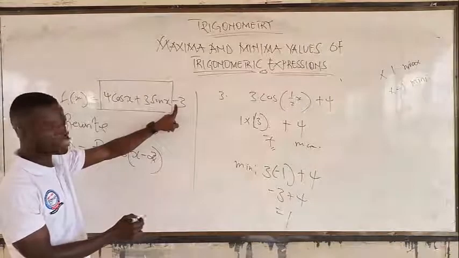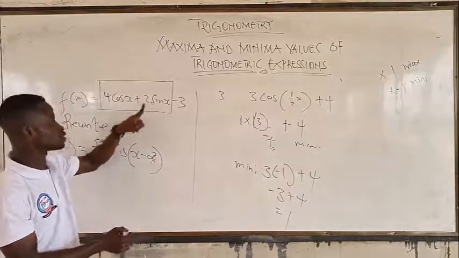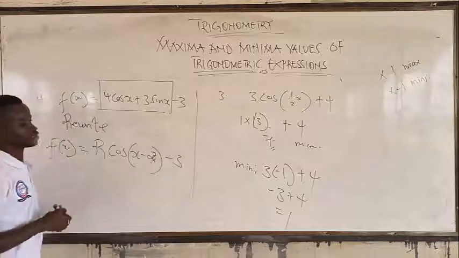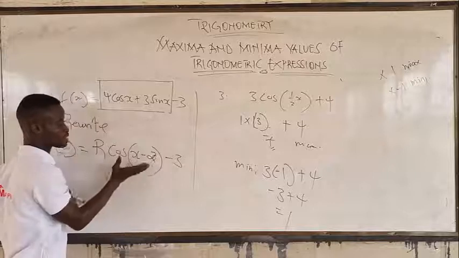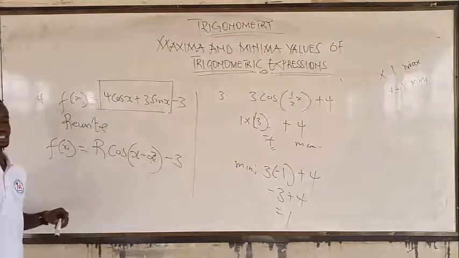Then the vertical shift should not be included in this. Then the vertical shift will be minus 3. Alright? So only this part can be expressed in this form. Then we bring the minus 3.